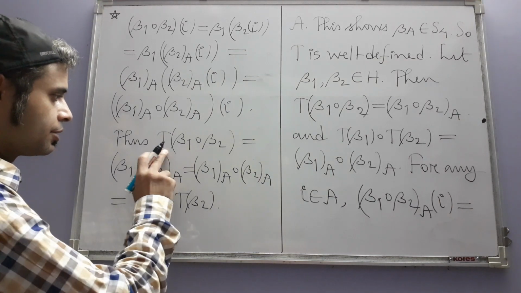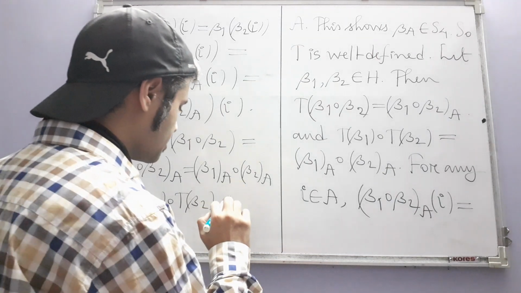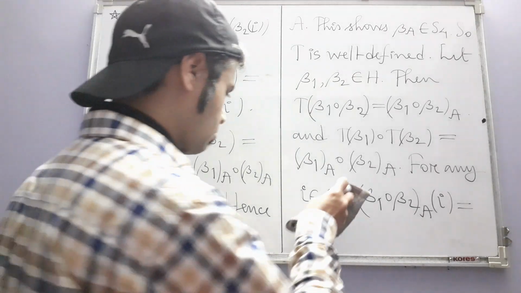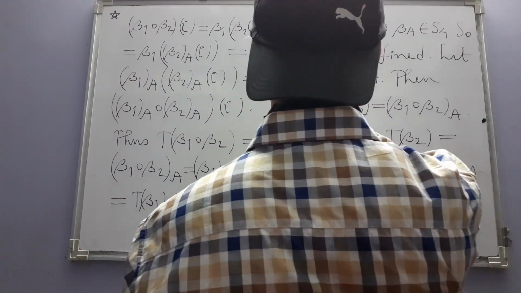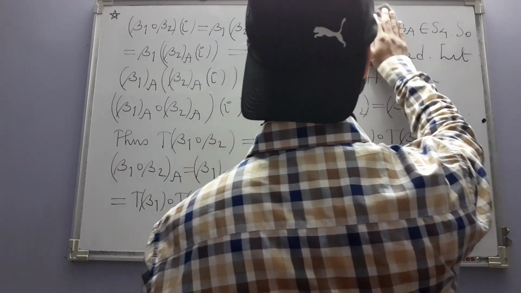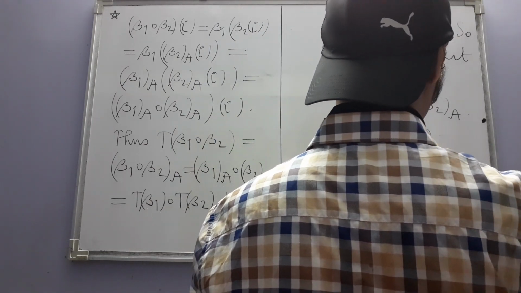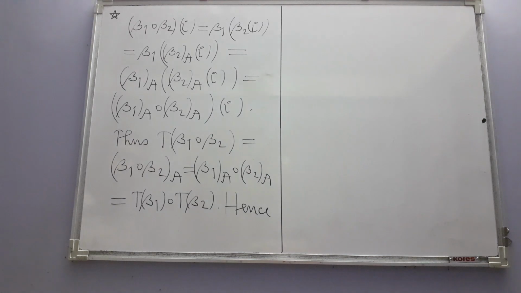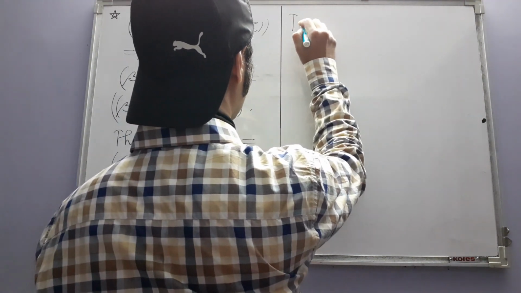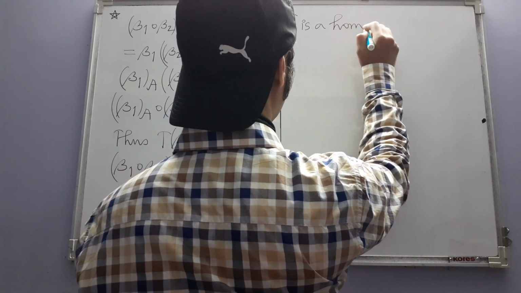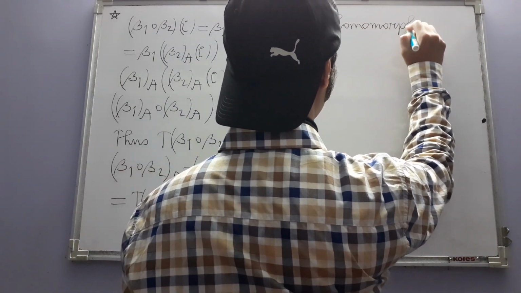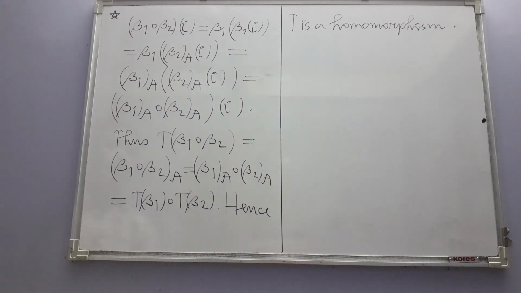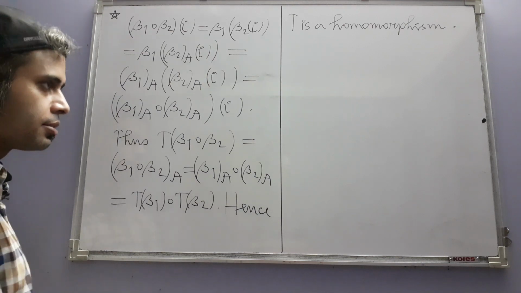It tells us that this T is a homomorphism, a group homomorphism. Hence T is a homomorphism. The next thing we will show is that T is one-to-one.